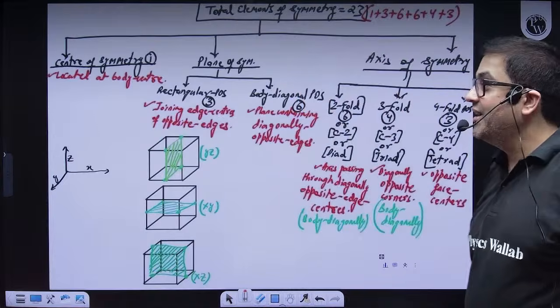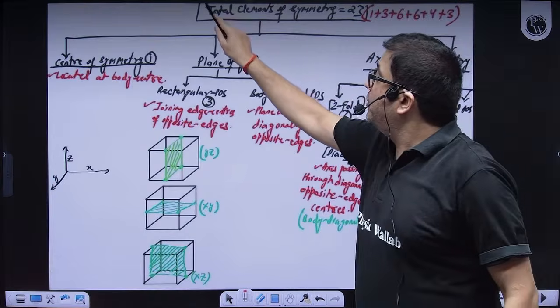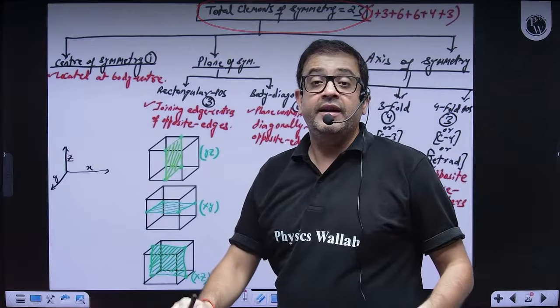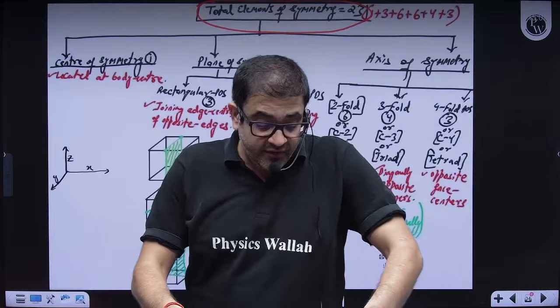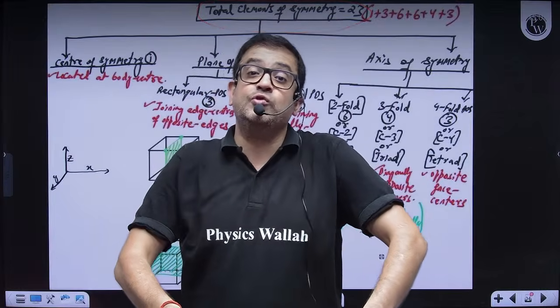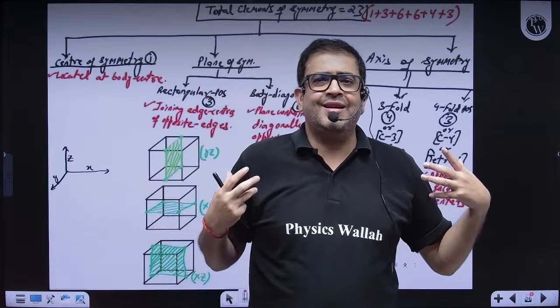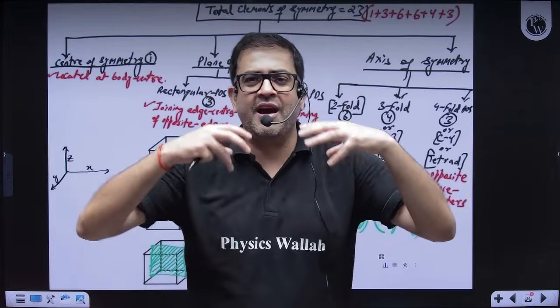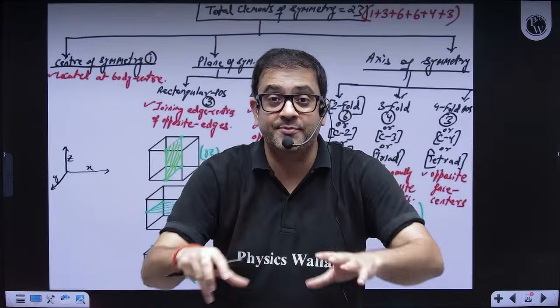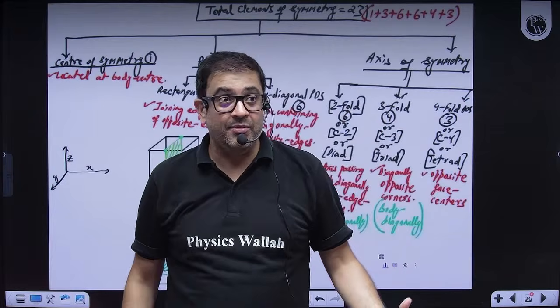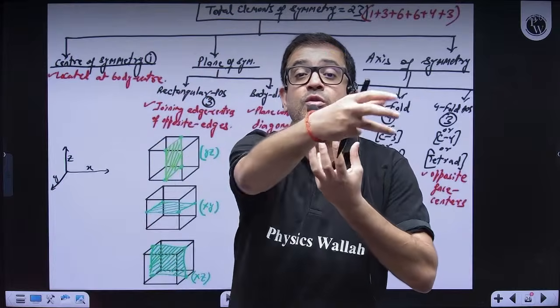Total elements of symmetry are 23. Technically, these elements of symmetry we have gathered from solid state, and obviously a solid has a three-dimensional structure. Even if I am a gaseous molecule, if I'm doing spectroscopy, even for a tetrahedral carbon, the carbon will have a three-dimensional orientation.